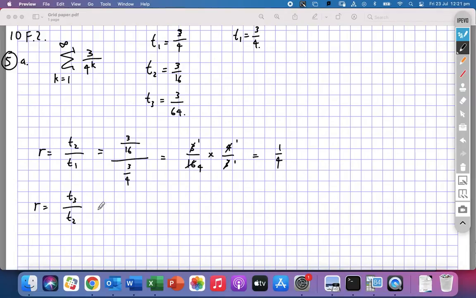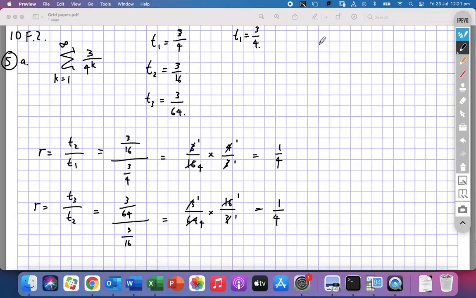We could check it here as well if we wanted to. And by golly, we want to. Okay, so that's the same as 3 on 64 times 16 on 3. We get cancelling here to leave 1s, and cancelling here to give 1/4.